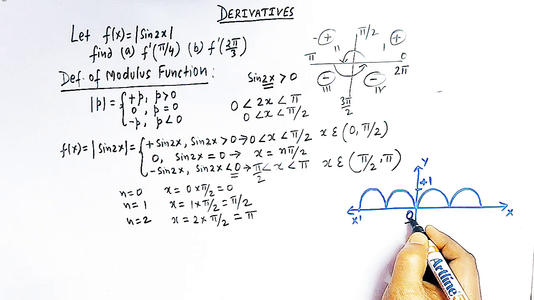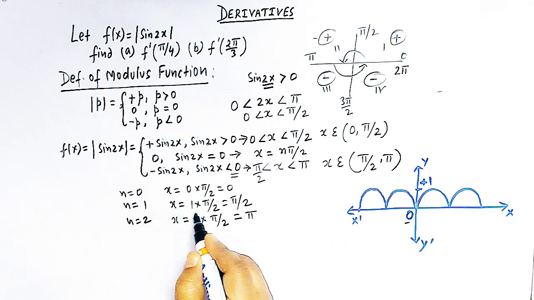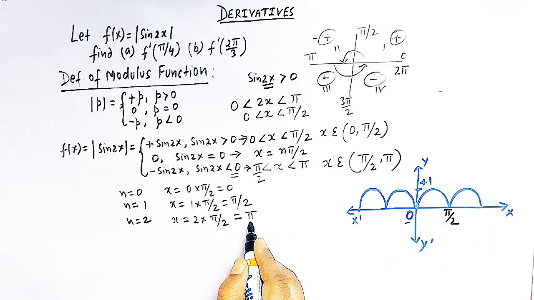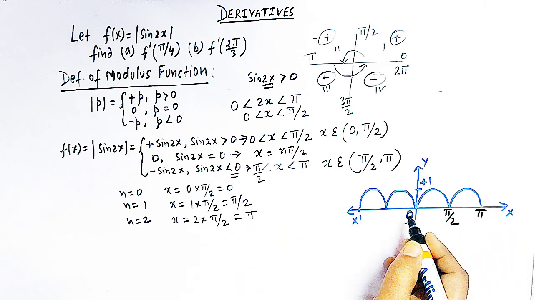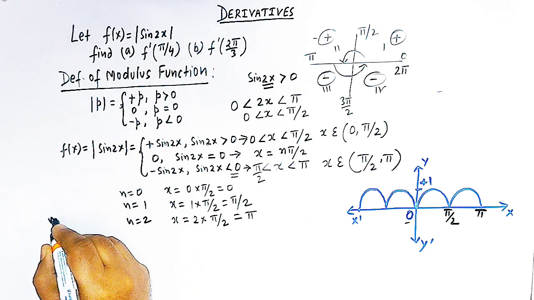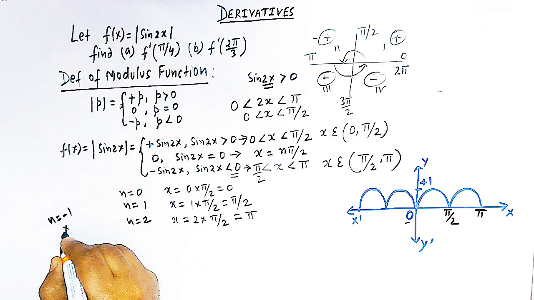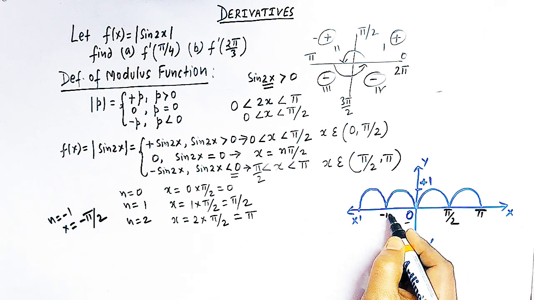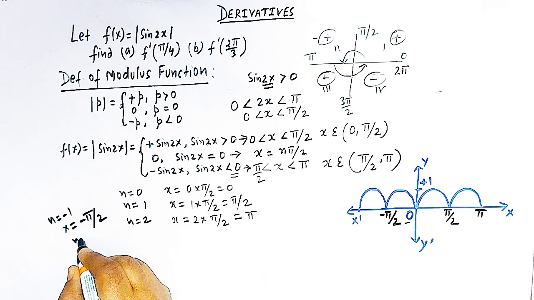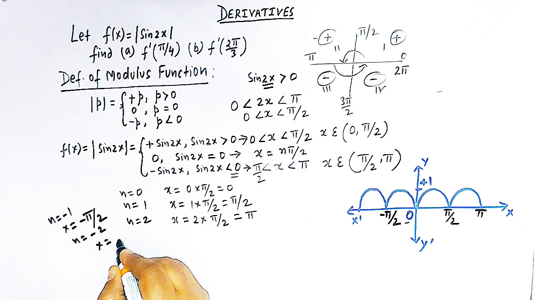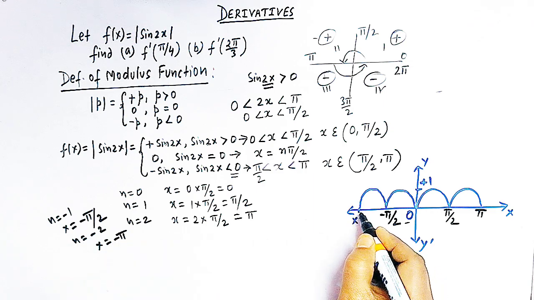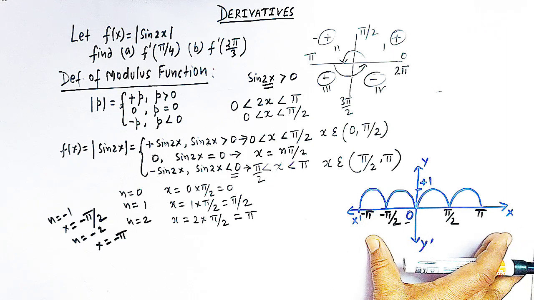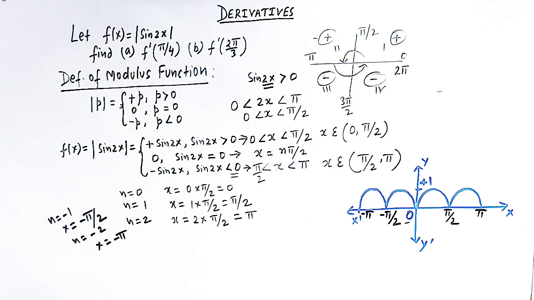Then for n equal to 1, x is π/2, so here we have π/2, then here we have π, and similarly when we take n equal to -1, then x is equal to -π/2. So here we have -π/2, and when n is -2, then x is equal to -π. So here this point is -π. So this is the graph of |sin 2x|.